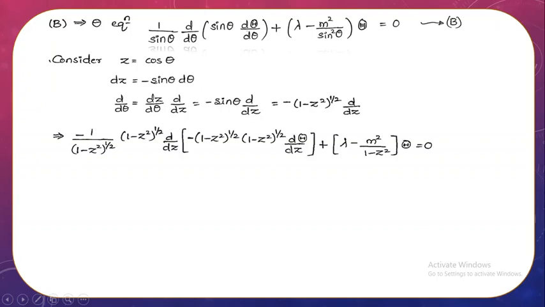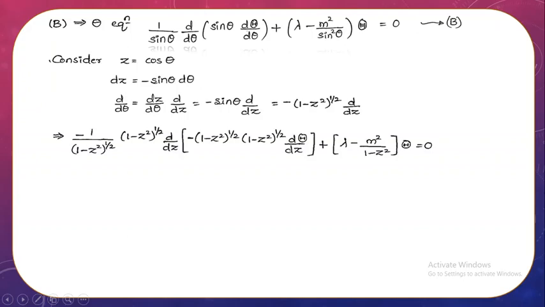Again d by d theta is minus of this value, so I have written minus here and taken it as it is, plus lambda minus m square divided by sine square theta. Cos square theta equals 1 minus sine square theta, so sine square theta equals 1 minus cos square theta. So 1 minus z square into capital Theta will be equal to 0.